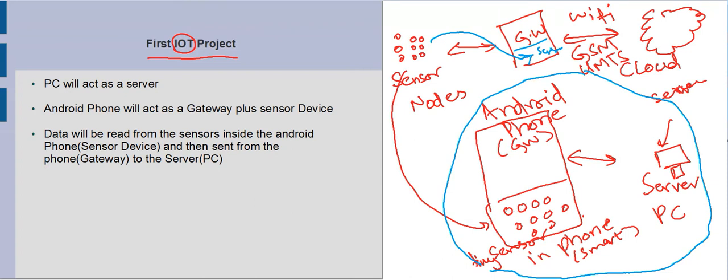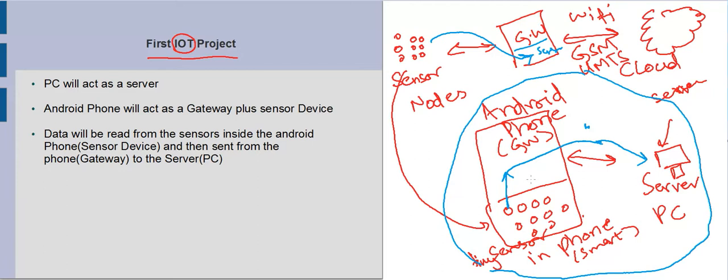So we are going to read the value from the sensor devices, send this value from the Android app, storing it somewhere, and then we can use Wi-Fi or GSM or UMTS, whatever, but to keep it simple, we are going to send it to the server, which is going to be our cloud.